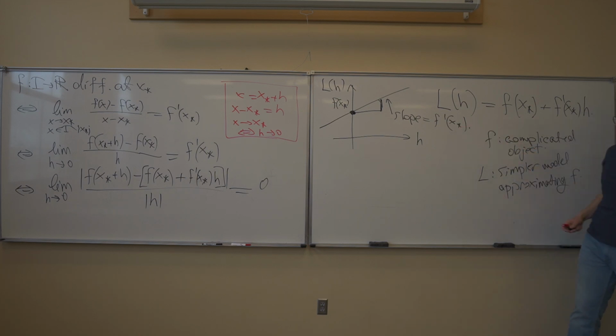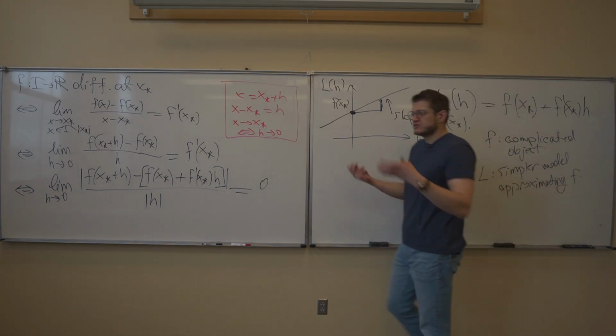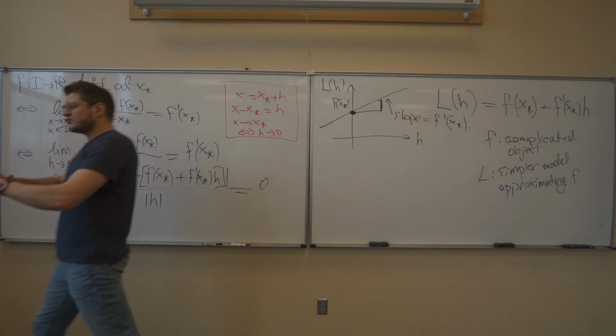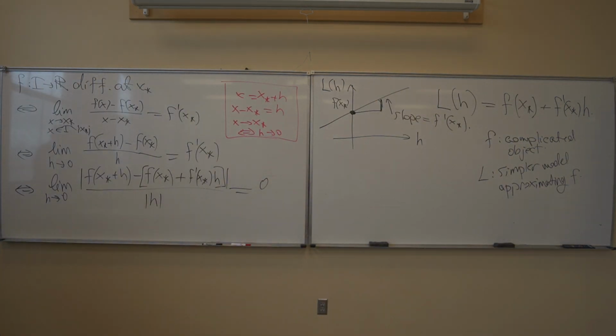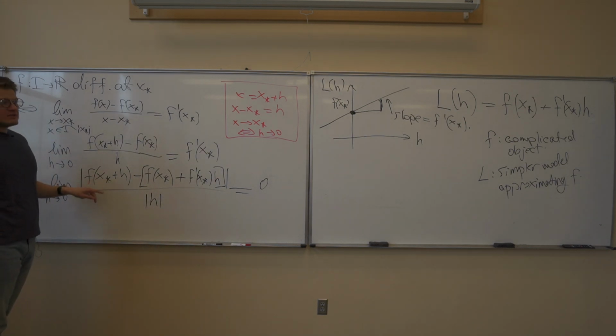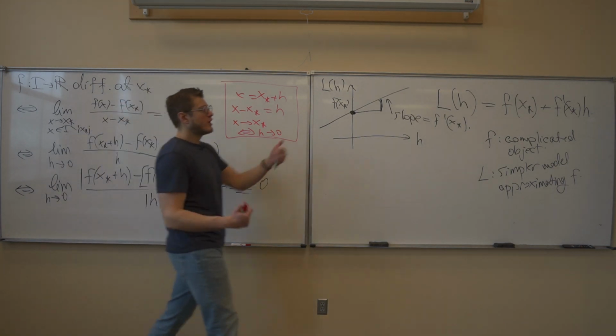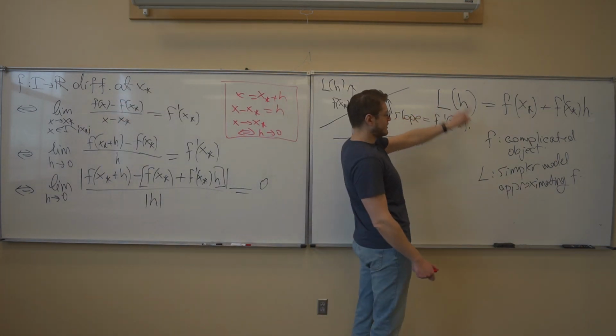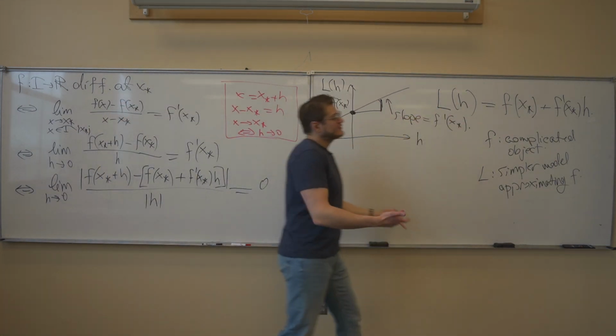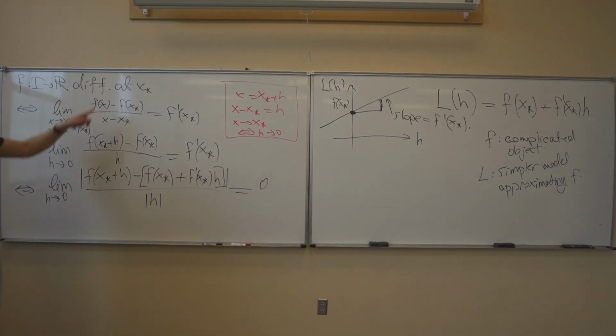I'm not saying that, oh, I can just think of f exactly as L unconditionally. So globally, you cannot do it. But locally, you restrict your scope. You say, I don't want to understand f in general. I want to understand it near this specific point that I chose. And then once you restrict your scope, you have more power because you have a model. At least that's what it means for a function to be differentiable at this point.